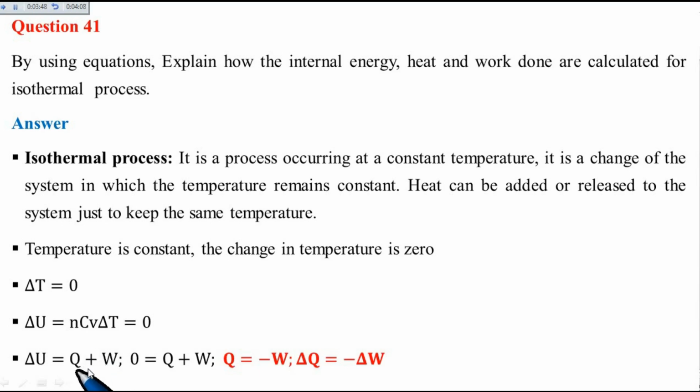In an isothermal process, the internal energy change is zero, so zero is equal to Q plus W. Then we can say Q is equal to minus W, or delta Q is equal to minus dW.